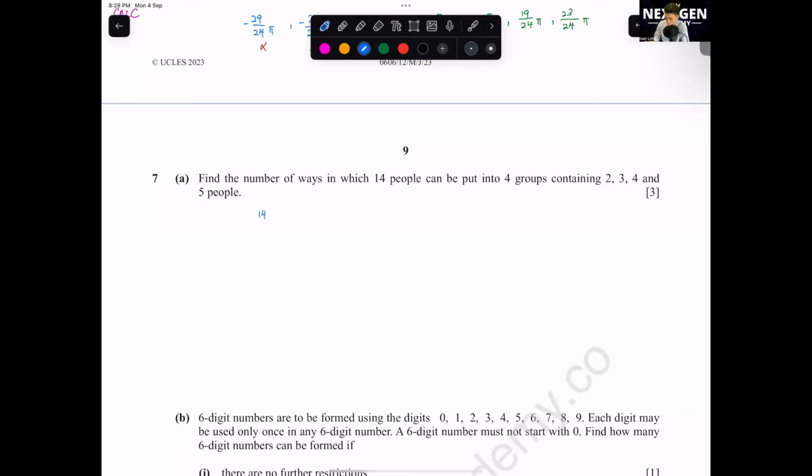So we will just take 14 C2 times 12 C3 times 9 C4 times 5 C5. You can do the other way around also: 14 C5 times 9 C4, and so forth. Your answer will come out the same. You'll get 2,522,520.